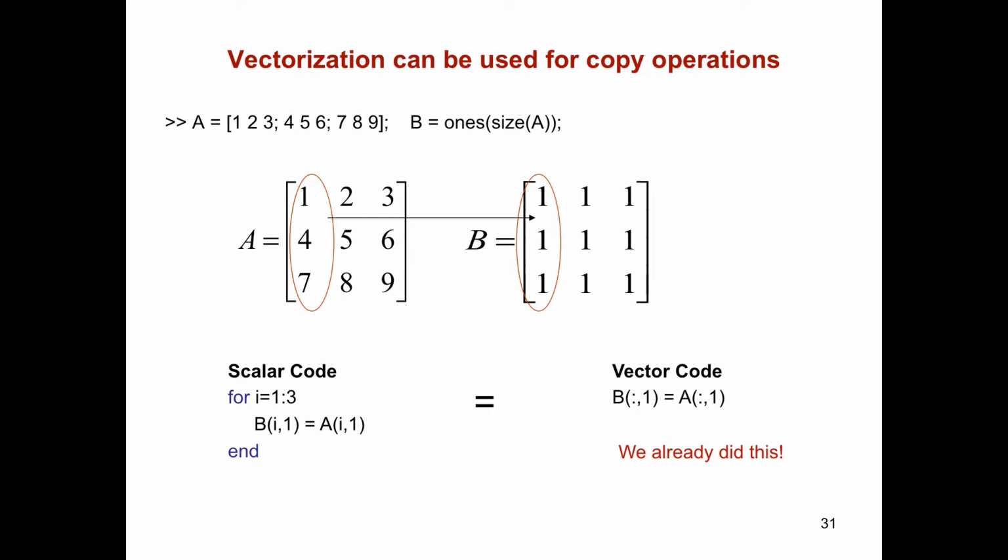So it's this simple. Whereas if you wanted to do things element by element, you would have to use a for loop. So for each element of this column, you would assign B of I,1 to be A of I,1.